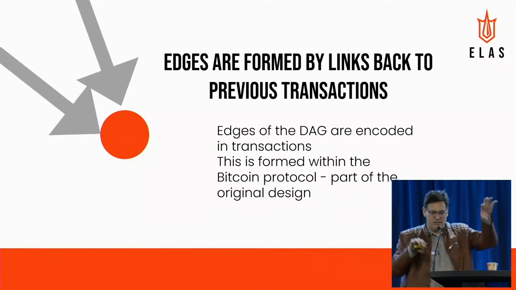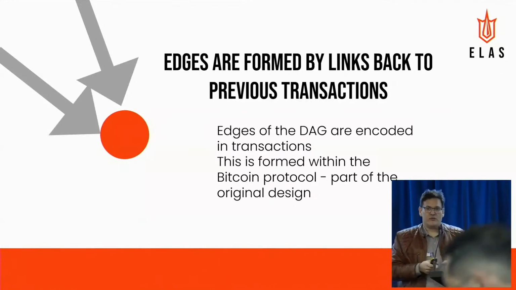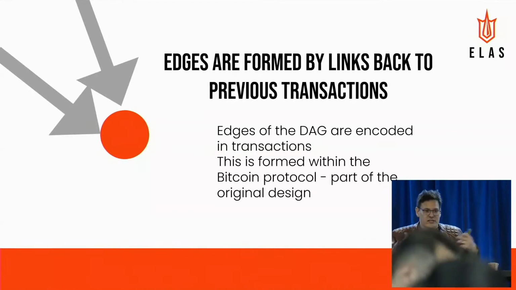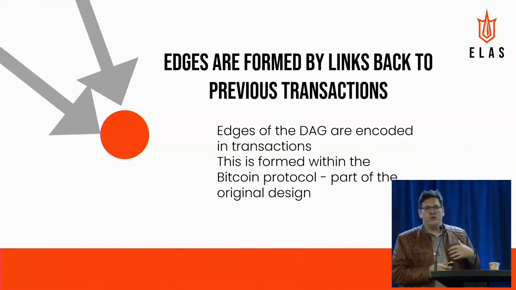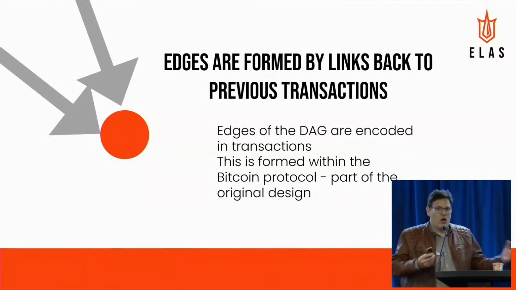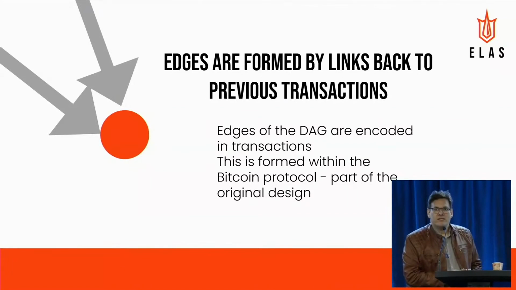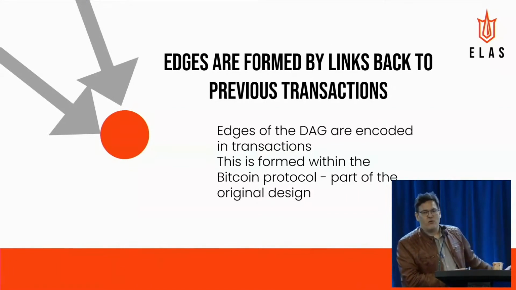It's that methodology of how those tokens are passed from transaction to transaction that gives the ledger its utility, and that's what we primarily use when we're doing traditional cash transactions, all of that sort of thing. So this is all part of the original design. This is how it works.